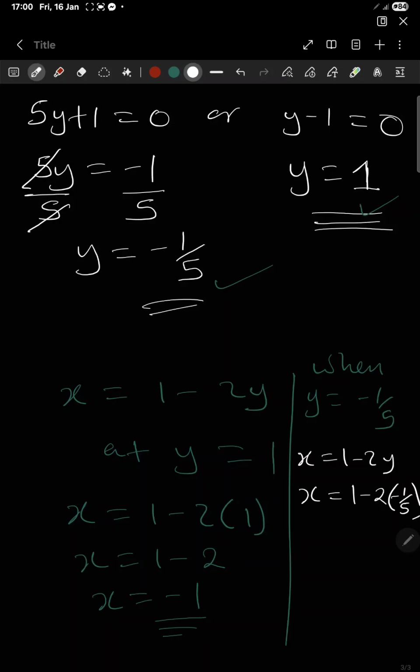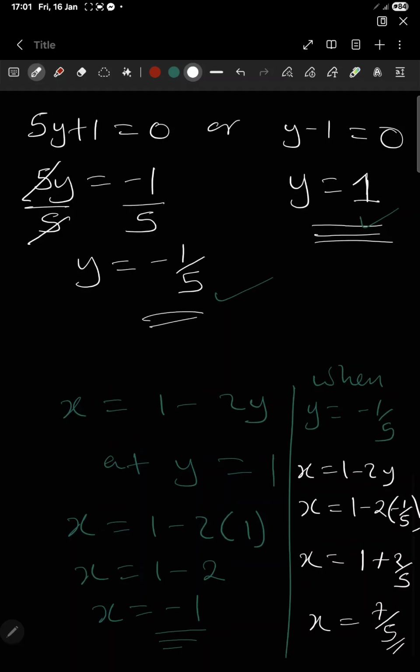So this will give us x is equal to 1, negative and negative is a positive, 2 over 5. So 1 plus 2 over 5 is the same as saying 1 times 5 is 5 plus 2 is 7 over 5. So this is also another value of x.